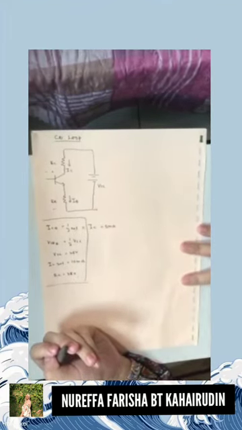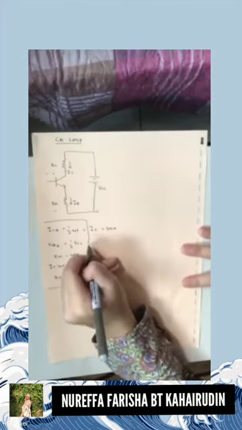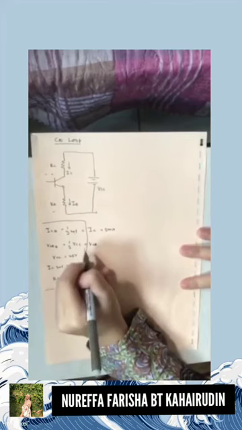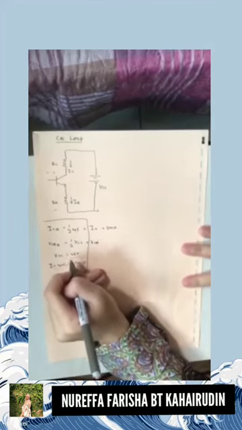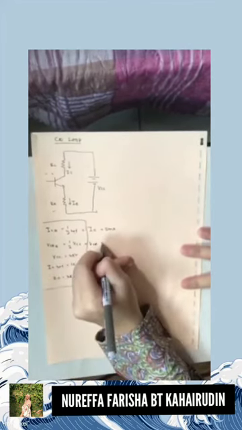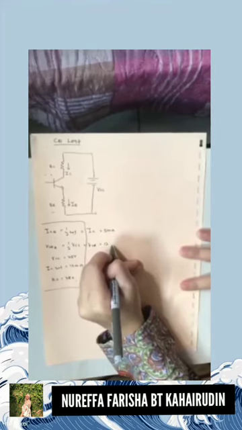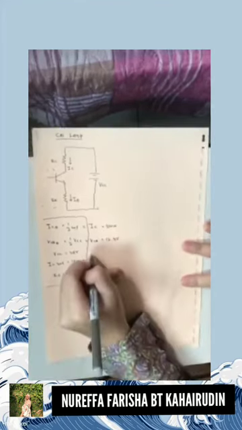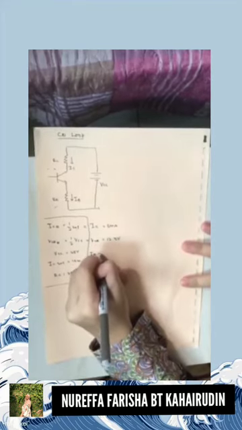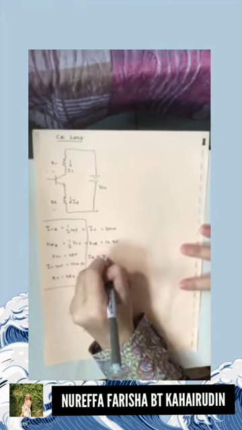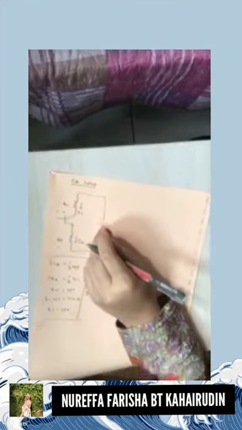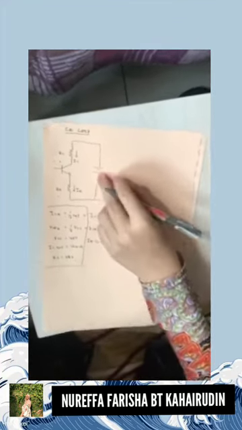So VCEQ is equal to VCE, so we get 12.5 volt. IE is equal to IC. So use the CE loop to find the RC and RE.